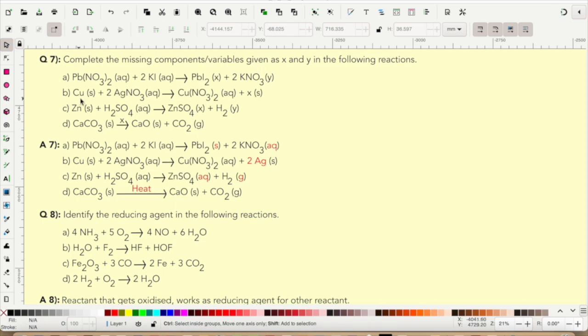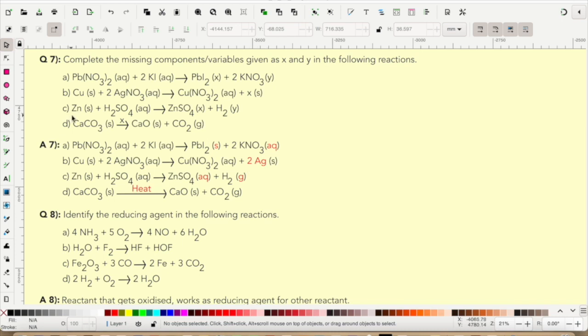Second reaction, CuS plus 2AgNO3 aqueous makes Cu(NO3)2 aqueous plus X S. Balanced chemical equation is given as CuS plus 2AgNO3 aqueous makes Cu(NO3)2 aqueous plus Ag2S. So in place of X, 2Ag will be written.